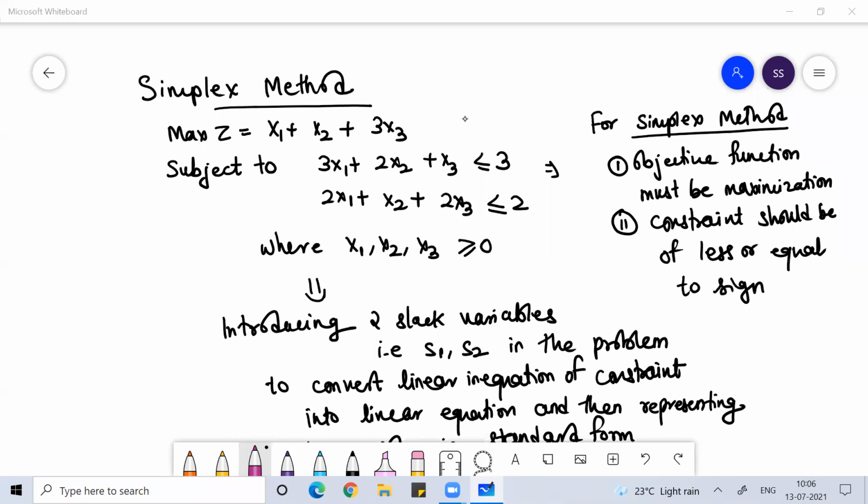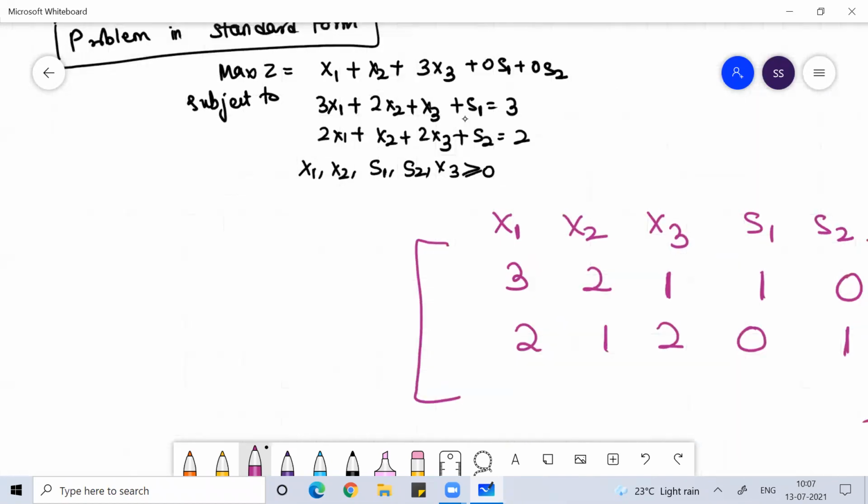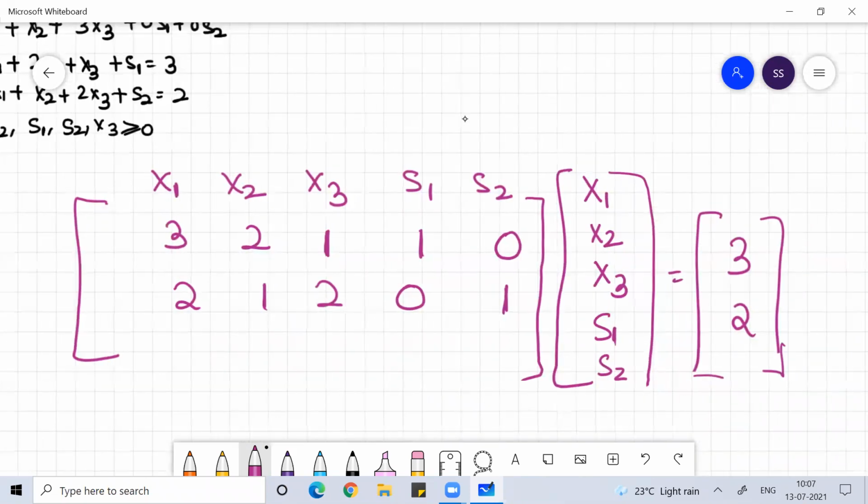These slack variables are dummy variables having no value, and they should be non-negative. Whenever we solve the problem, we need to make sure it is based on maximization, and that the constraints have a less than or equal to sign. So we introduced two slack variables because we had two constraints, and then we wrote them in standard form like this.